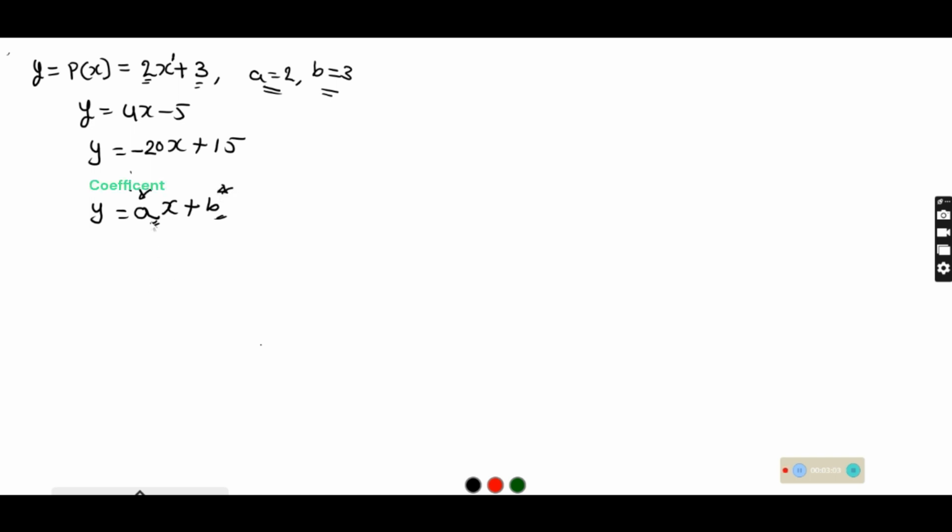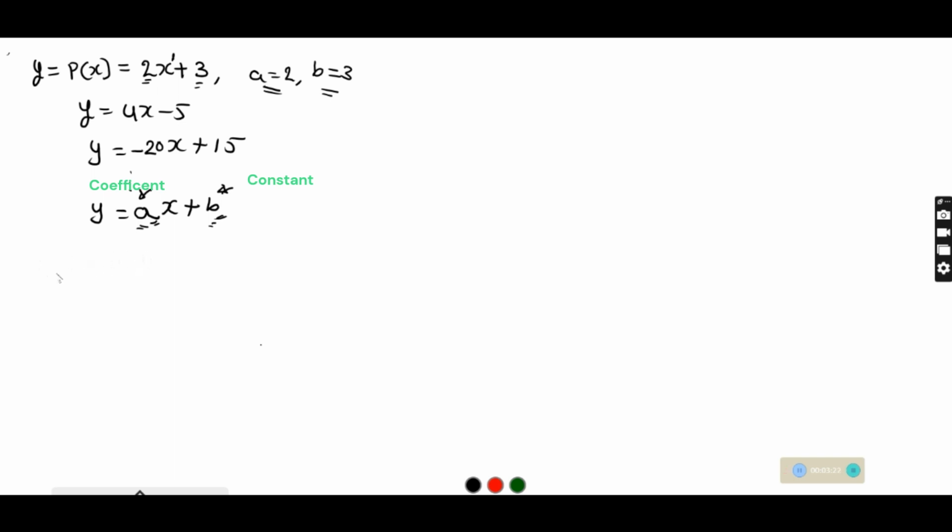So in the polynomial, we call a the coefficient, which is there before the variable, and b, which is there separately, the constant. Anyhow, both a and b are constants, but the nomenclature uses x as the variable, a as the coefficient, and b as the constant.